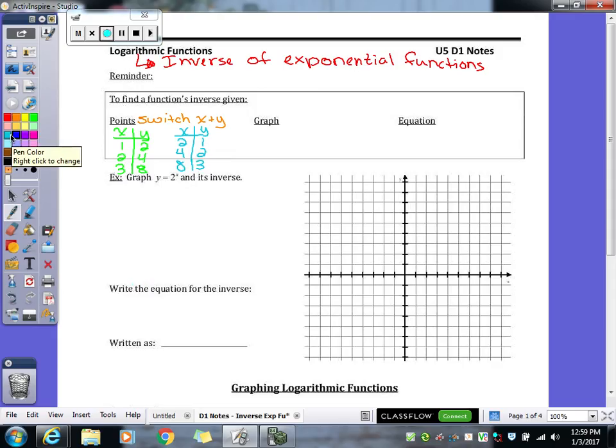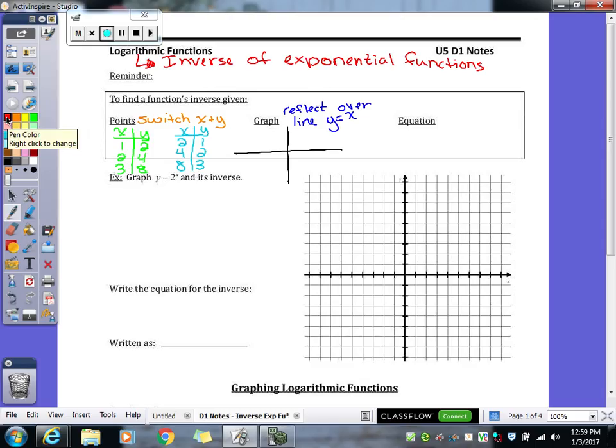If you have a graph and you need to find your inverse, that means you need to reflect it over the line y equals x. So we'll draw a quick little picture here. There's my graph, my x and my y axes.